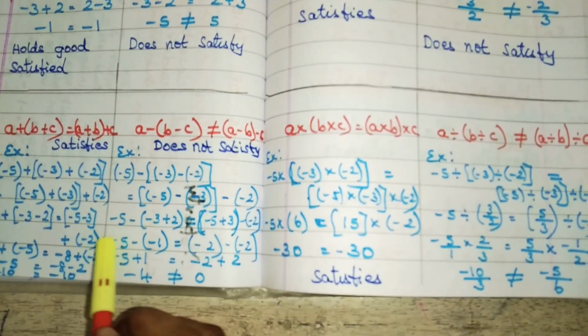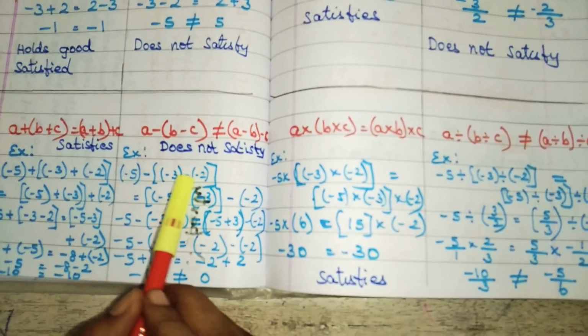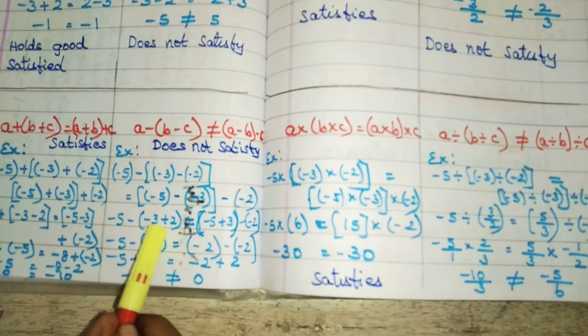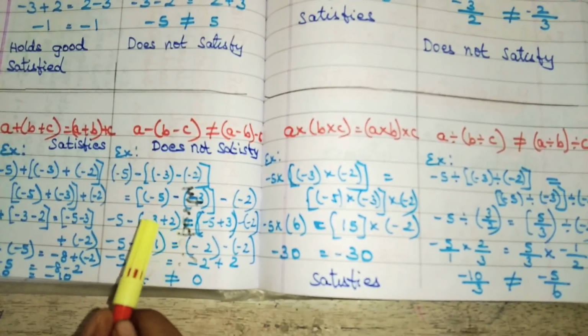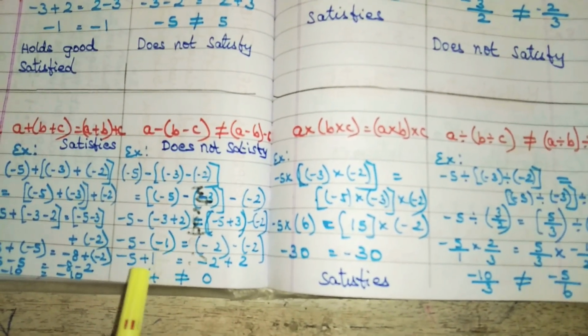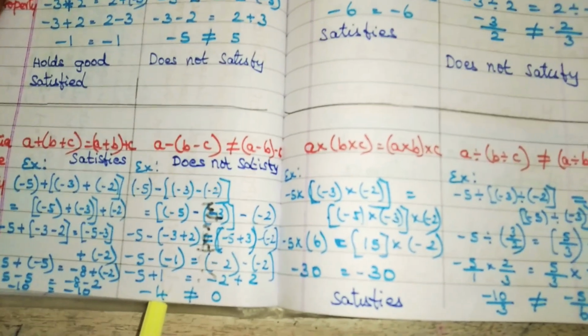Now LHS: minus 5 minus 3, plus into minus, it is plus. So minus 5, this becomes two numbers having two different signs. Subtract and put the greater number's sign. So minus 1. Now minus into minus, plus. So minus 5 plus 1 is equal to minus 4.